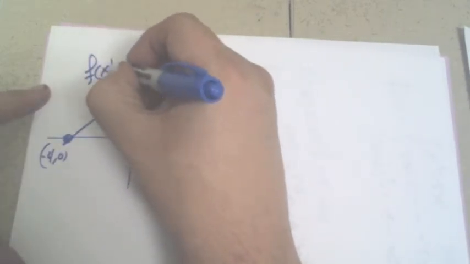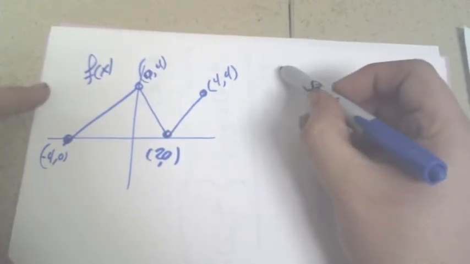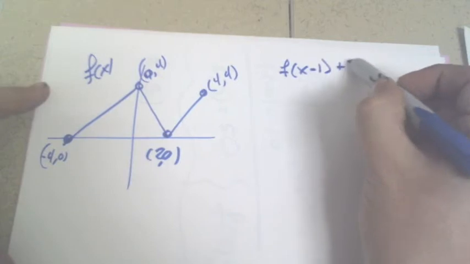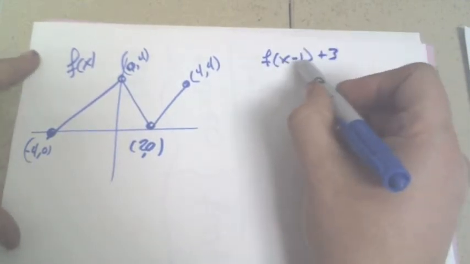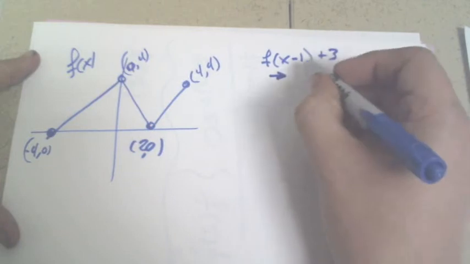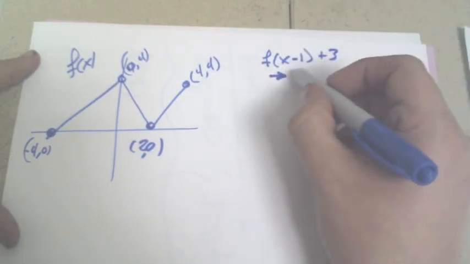Now, this is f. We are asked to graph f(x - 1) + 3. Your section 3.5 talked about those translations, so it's important to know what these do. Subtracting that 1 inside is going to move the function to the right 1 unit.